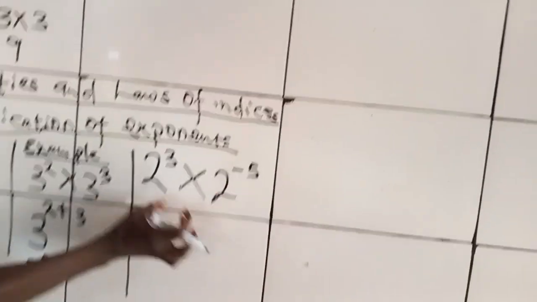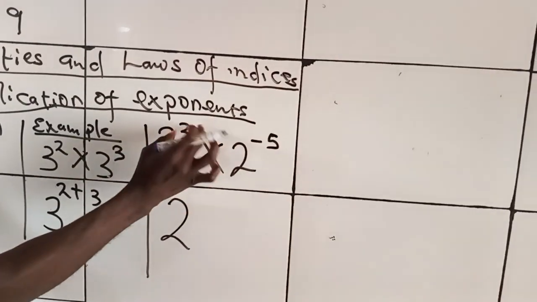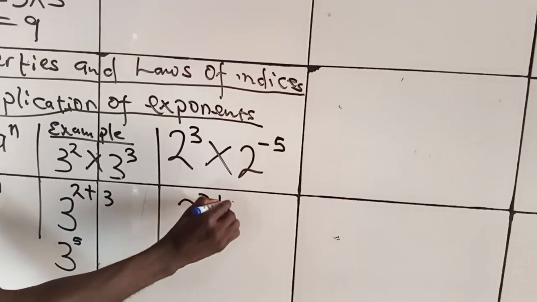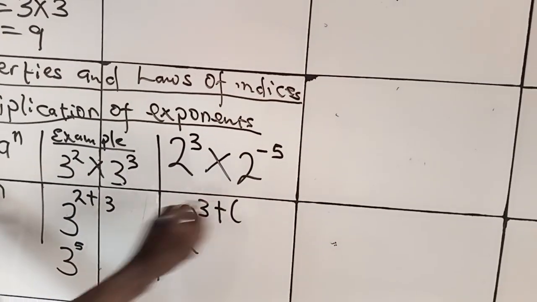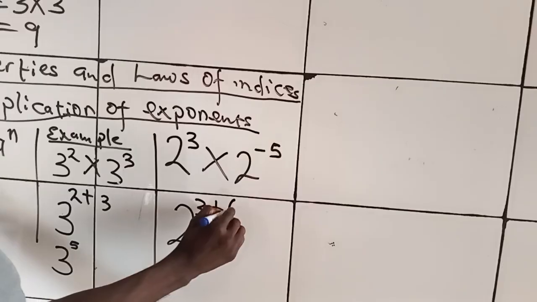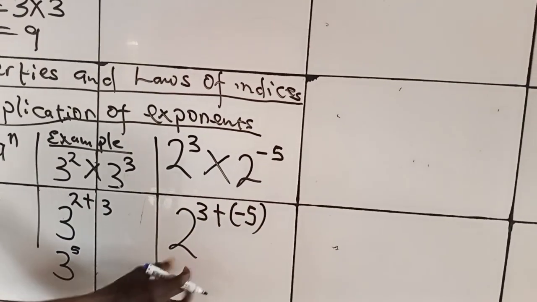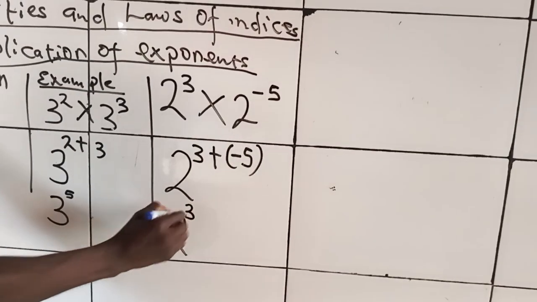We pick one of the bases. This is going to be 2. Then we add the power. This is going to be 3 plus, because of this negative sign here, we introduce the parenthesis or the bracket, minus 5. So we are having 2 raised to the power of 3.